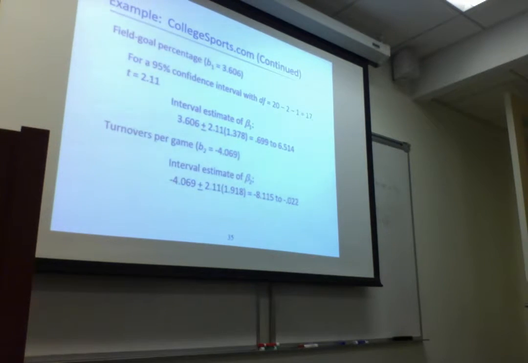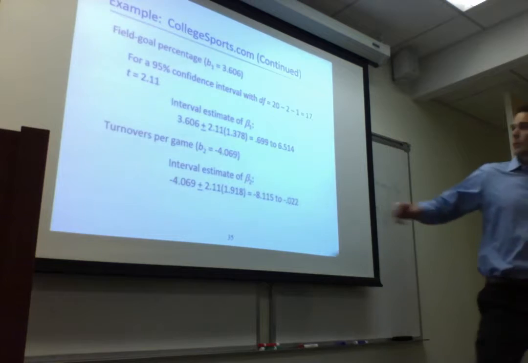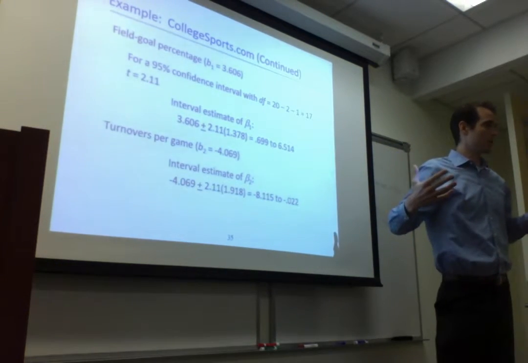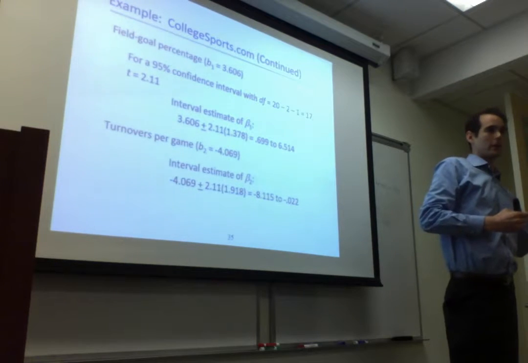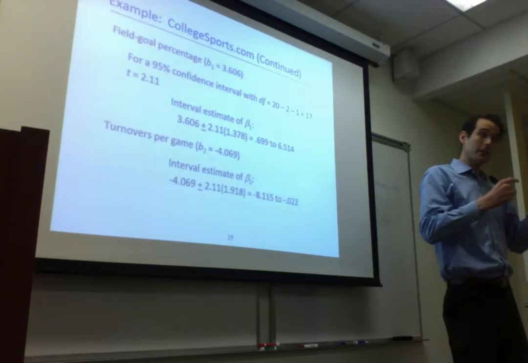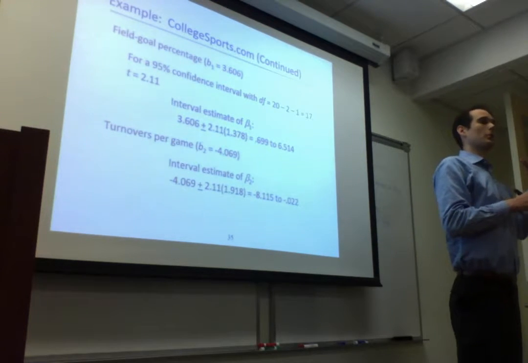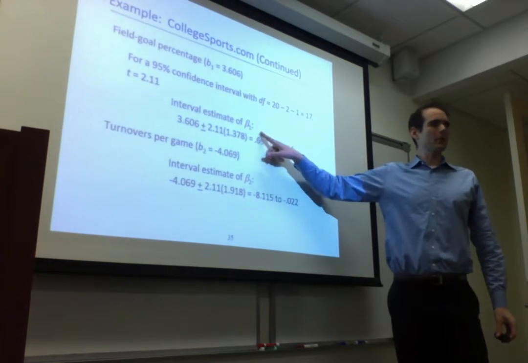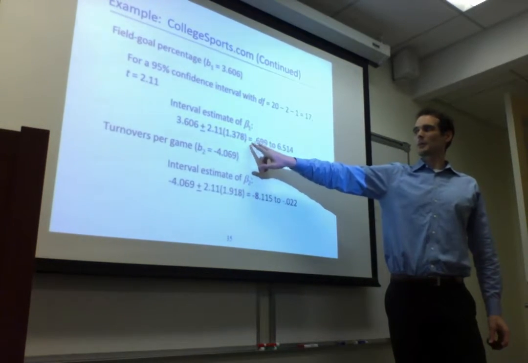I want to hear something about the slope or the relationship as far as field goal percentages. This 3.6 represents our slope for field goal percentages as it relates to win-loss record. So for a 1% increase in field goal percentages, we expect a 3.6% increase in win-loss. But maybe I would settle for just somebody explaining that in the same terms of 0.699.